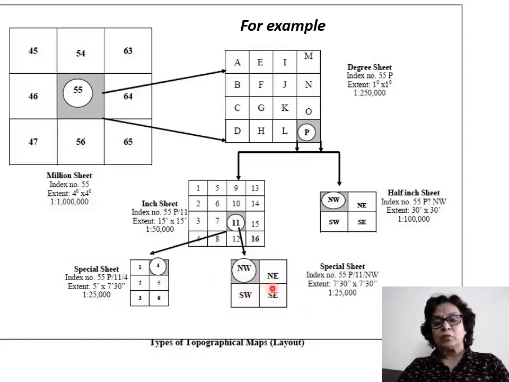So let us not confuse this half-inch direction with this direction, because the extent of the half-inch sheet is 30 minutes and the extent of this 1:25,000 is exactly half of that, that is 7.5 by 7.5. And this is also another way in which it has been numbered, keeping the longitudinal extent slightly more, that is 7.5, and latitudinal extent as 5 minutes. So this diagram is showing you all the topo sheets at different scales.